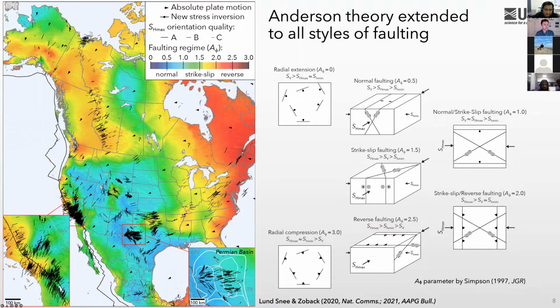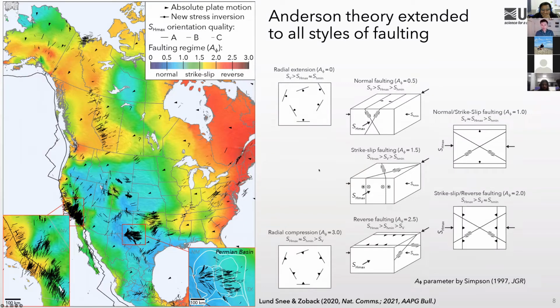And I should say that the way that we obtain these values is where we have a lot of focal mechanism data, which is usually in the western part of the continent and a few scattered other areas. We can do focal mechanism stress inversions and obtain very precise values of Aphe, but we don't have focal mechanisms everywhere. And so in a lot of cases, we make interpretations on the basis of individual focal mechanisms or small numbers of them.